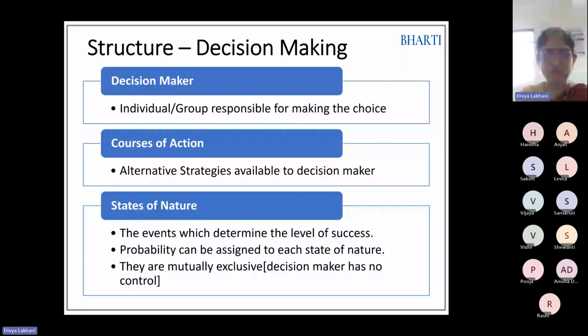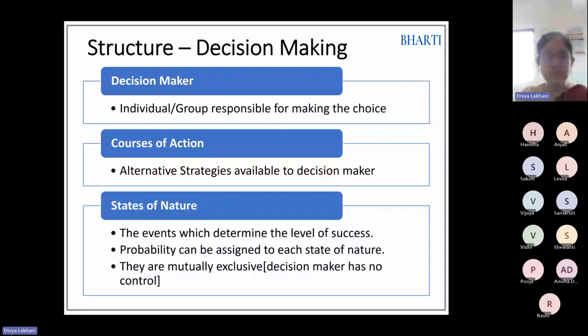Is it possible? No. It's something which is not controllable. It is beyond your control. Depending upon the events of the state of nature, you will take an appropriate action. One more important thing which you need to remember is that state of nature is mutually exclusive.